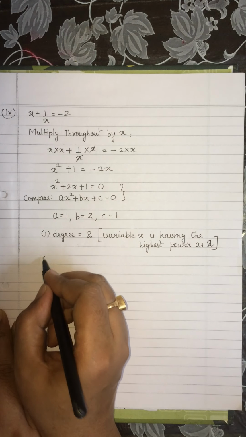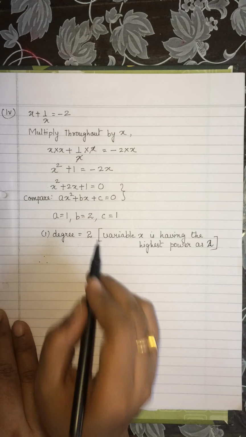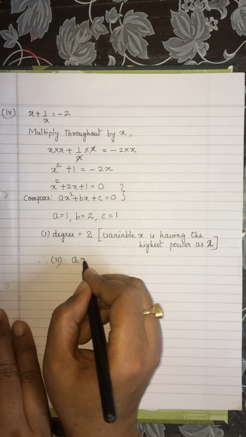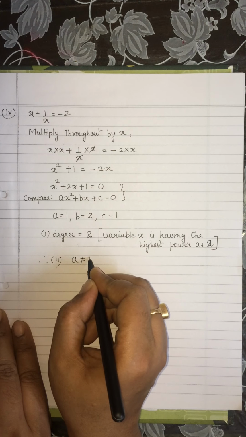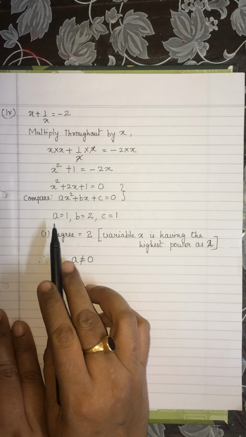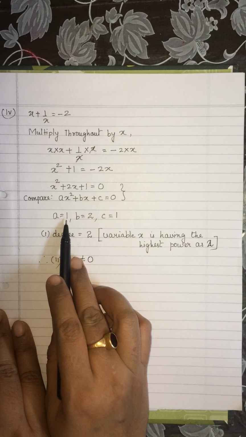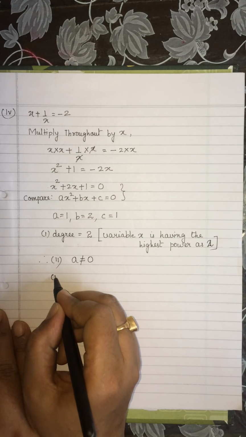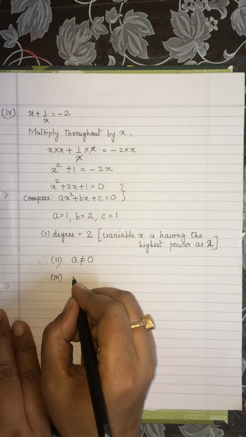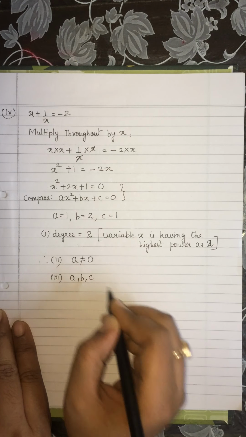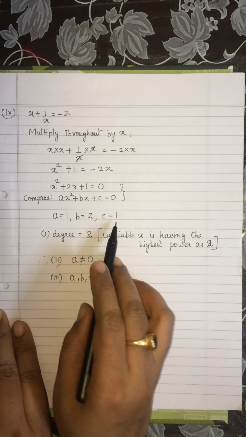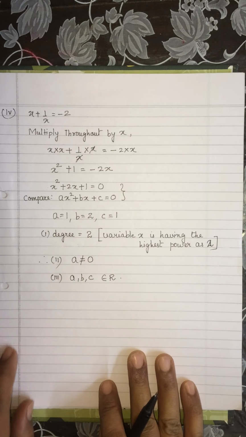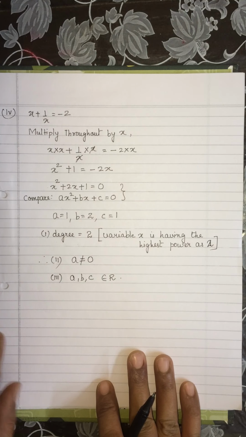Therefore, the first condition is satisfied. Now let us see the second condition. A should not be equal to 0. Here the value of a is 1. So we understand that a is not equal to 0. And the third condition, the values of a, b and c must be real numbers. So children, can you understand these things?